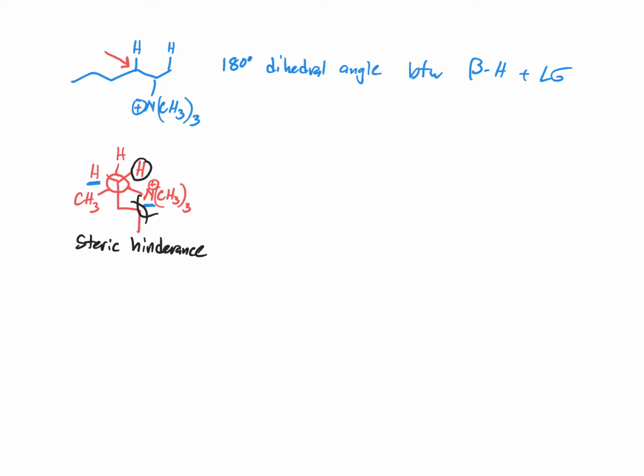Let's look at using the other beta hydrogen, and I'll denote that with a green arrow, and I'll draw my Newman projection in green so we can look at that. So the front carbon here will have 3 hydrogens attached to it. It's just a methyl group. And then as I've drawn on the page, the blue molecule has my ammonium right here.